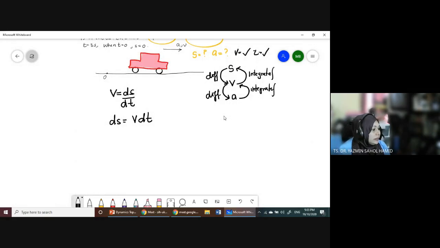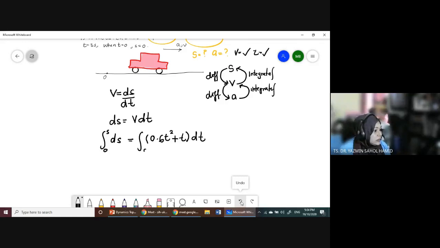So let's integrate ds from 0 to s, and we need to integrate the other side. What is our velocity? We already have the value. It's 0.6 t squared plus t close bracket.